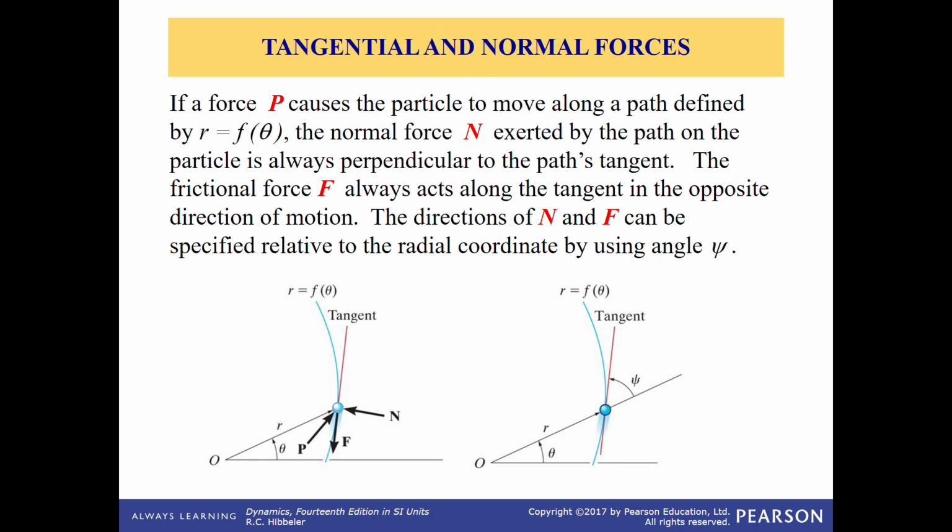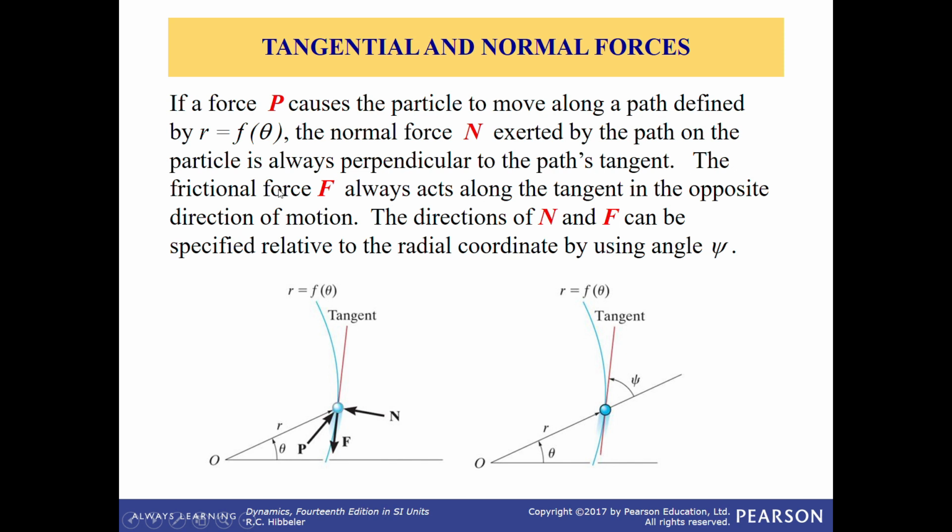Okay, this is about the tangential and normal forces. If a force P causes the particle to move along a path defined by r equal to f of theta, the normal force N exerted by the path on the particle is always perpendicular to the path tangent.